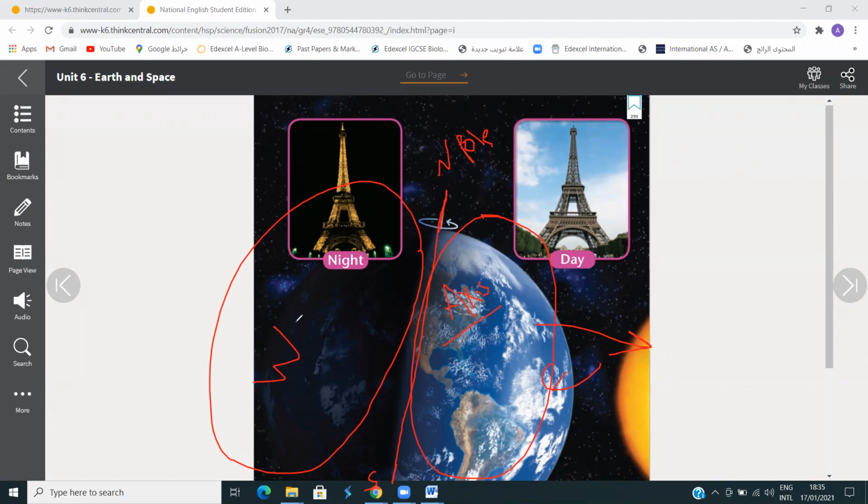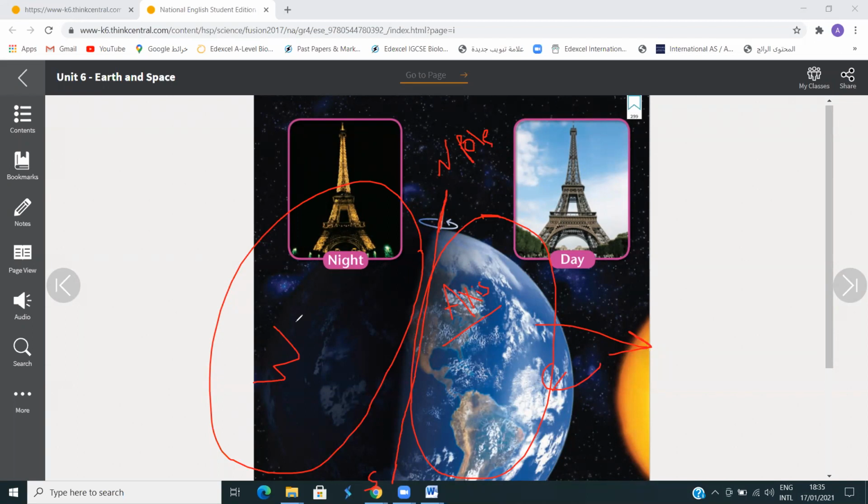But the day on Venus is equal to 225 days on Earth. So the day on Earth is different from the day on Mars, different from the day of Jupiter. All of them are planets, but they are different in the period.